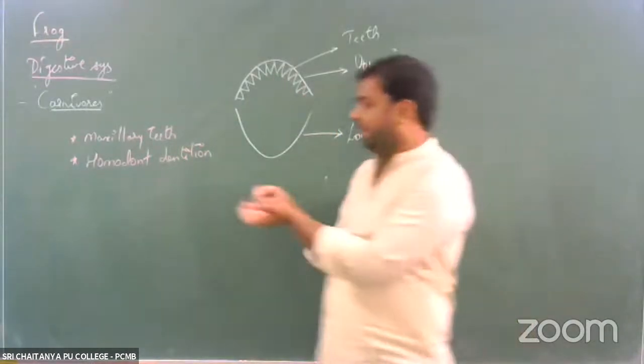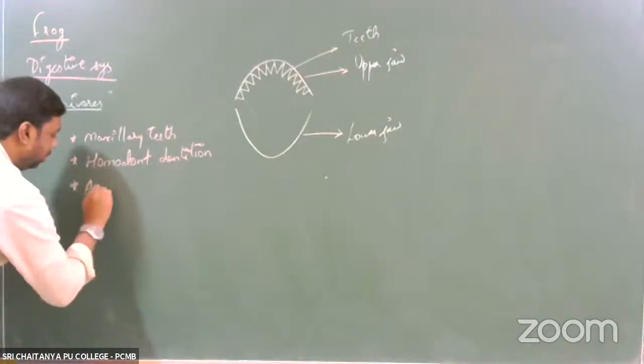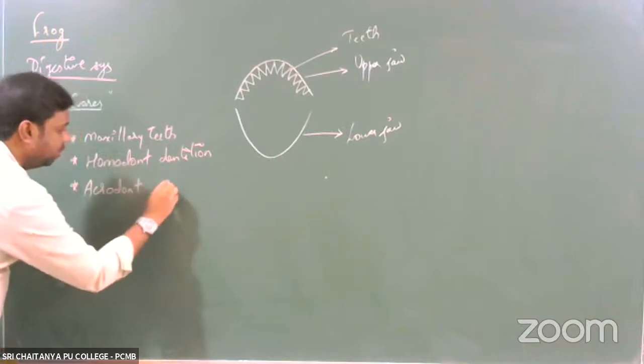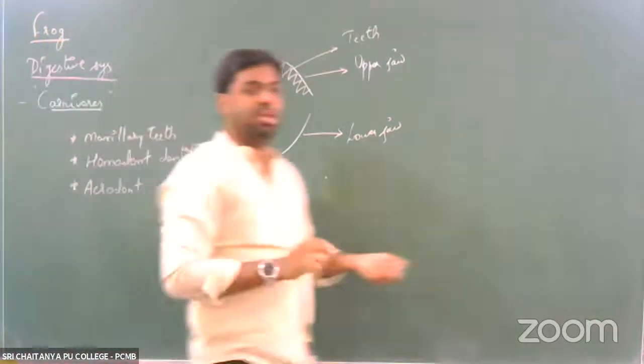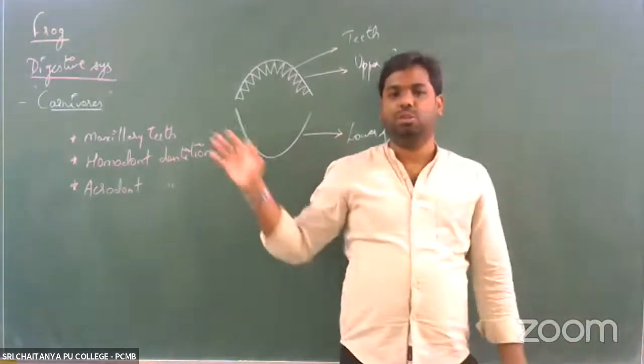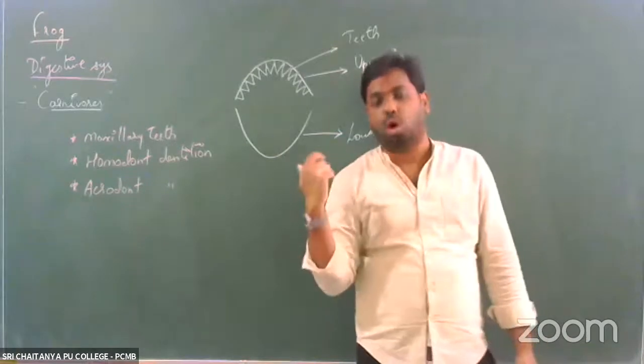The second type of dentition for these organisms is called acrodont dentition. Now, what does acrodont dentition mean? Acrodont dentition refers to the arrangement of teeth superficially on the jaw bone.